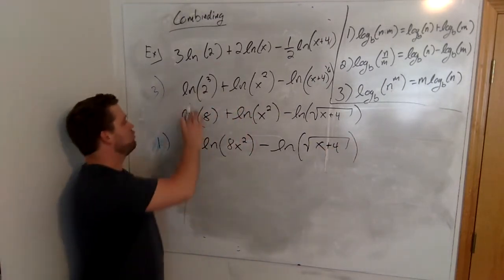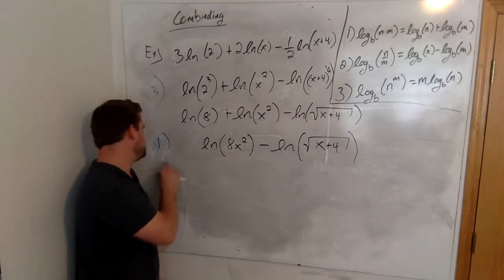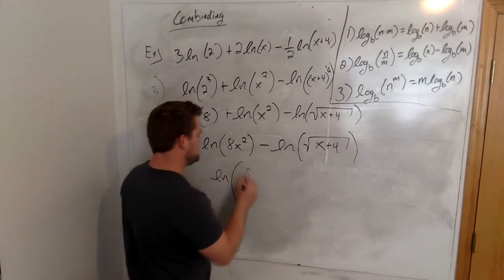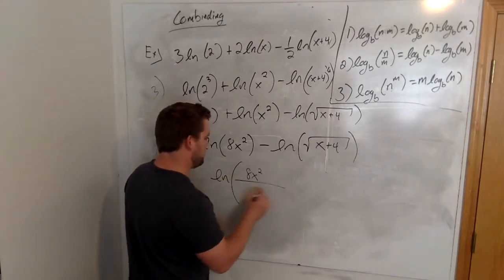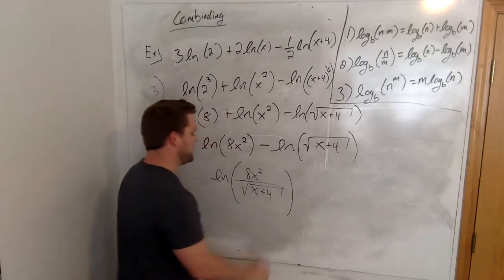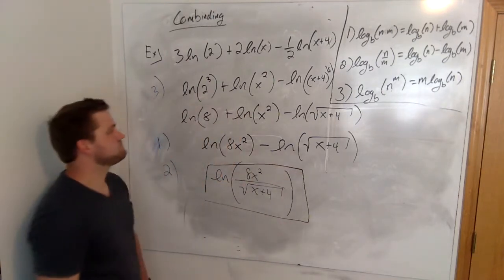Now I can use log rule 2 to divide. So this will be the natural log of 8x squared all over the square root of x plus 4. And we're finished. This is the answer.